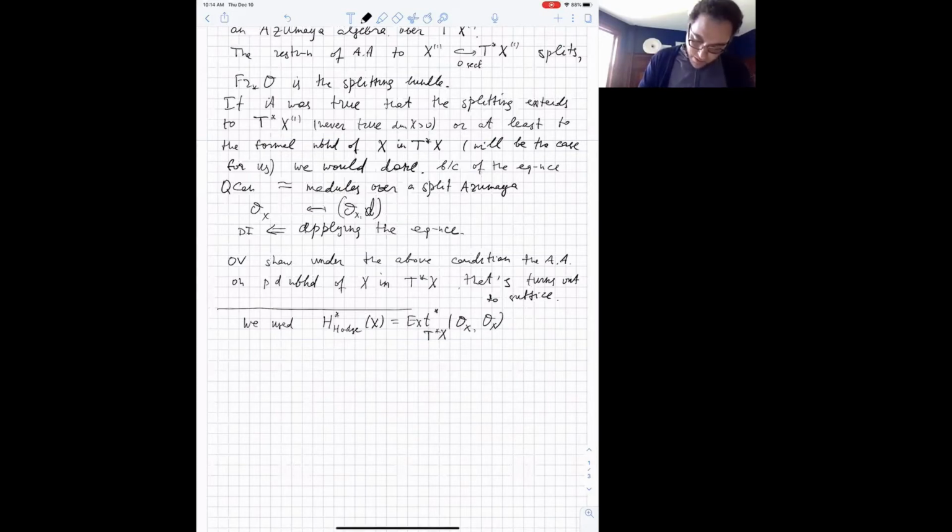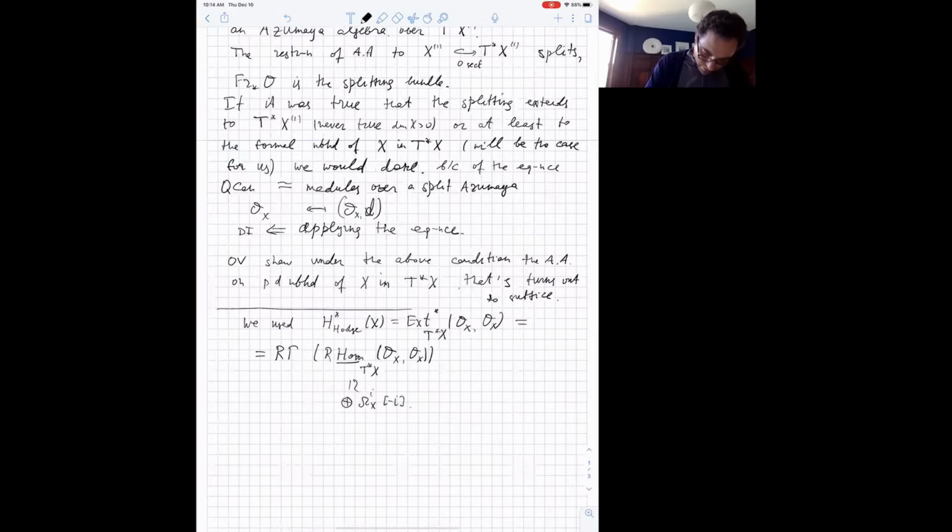without explaining. This is of course the same as gamma of local Hom from O_X to O_X over G star X. This is easy to understand, and under this condition this turns out to be isomorphic to the direct sum of Omega^i_X of minus i.